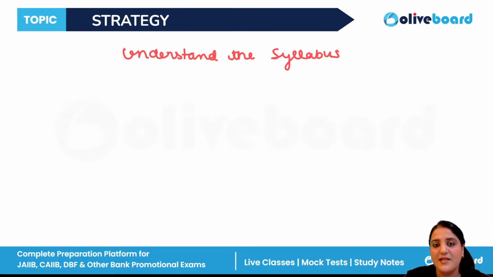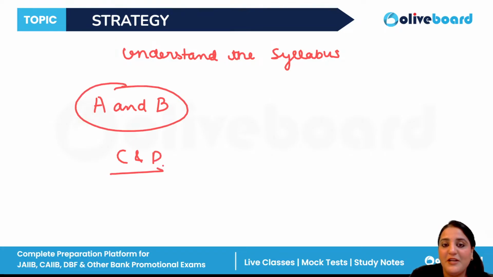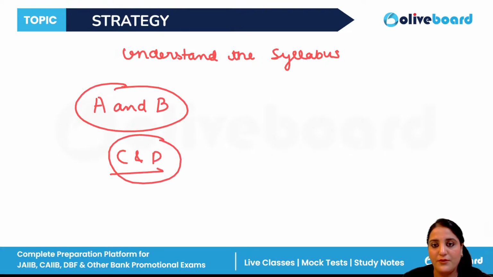The important modules are module A, and then B, and C and D. These are more important, but you can't skip C and D either, right? There are so many things you can see, so see which topics are attracting you, and which topics you are not aware of, and go through these topics. Then make a study plan for your BFM preparation, because time management is very important.